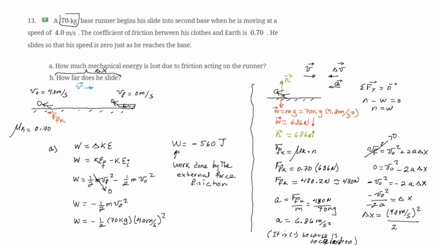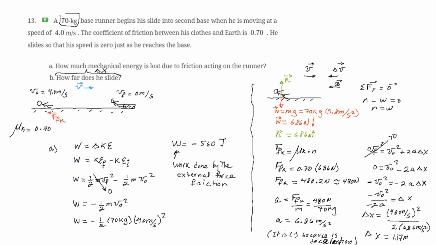So this is 2 times the acceleration, which is 6.86 meters per second squared. So when you calculate delta x, it will be approximately 1.17 meters, which is approximately 1.2 meters.